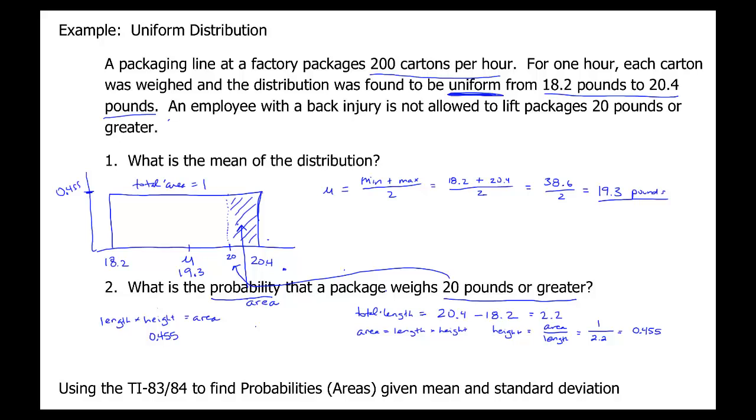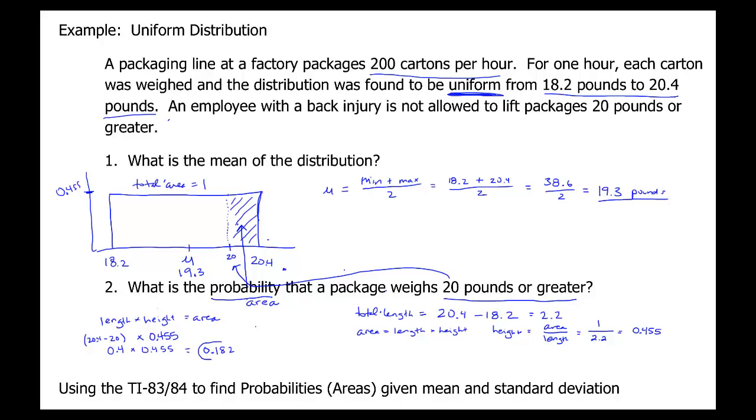Now we can use that down here for question 2. Our height is 0.455. Our length, now we're looking for just the area of the shaded spot. So we have the length of, it's going to be 20.4 minus 20 to get that distance. So we have 0.4 times 0.455, and that would come out to 0.182.